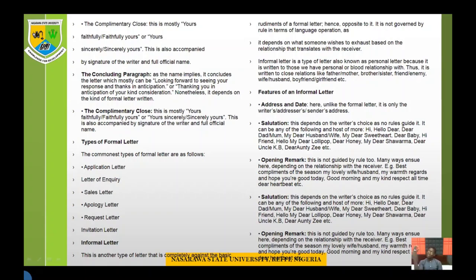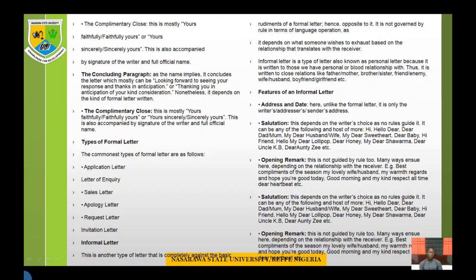Your CV comprises your email address, your phone number, your contact address, and whatever. No need of you putting any number here. It is only, for instance, if you're writing a complaint letter, you do not attach any of your documents or your results. You can put your matriculation number after your name.